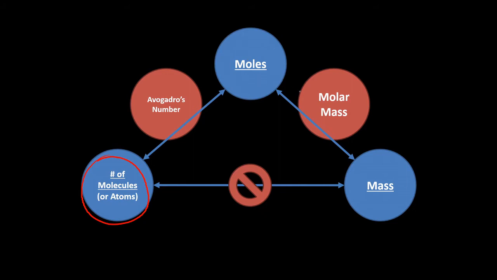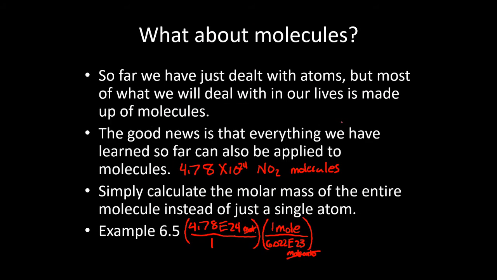The next step uses the molar mass. Now NO2 has a single nitrogen, which is 14.01, and then 2 oxygens, which are both essentially 16. They're technically 15.9996, I think. Or maybe it's 8.